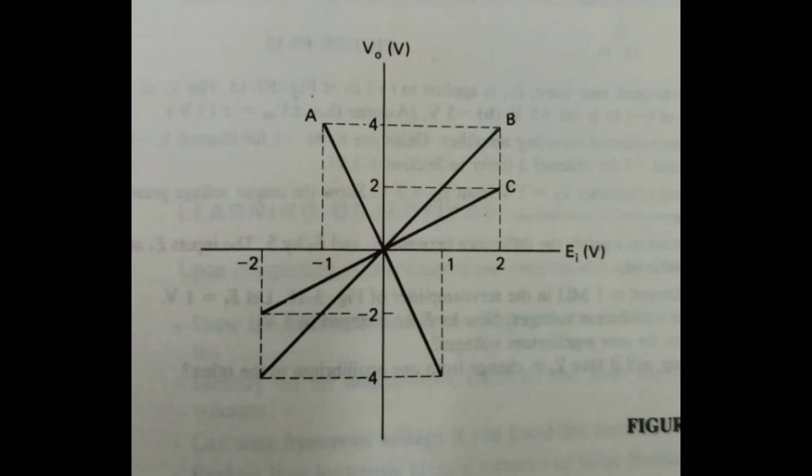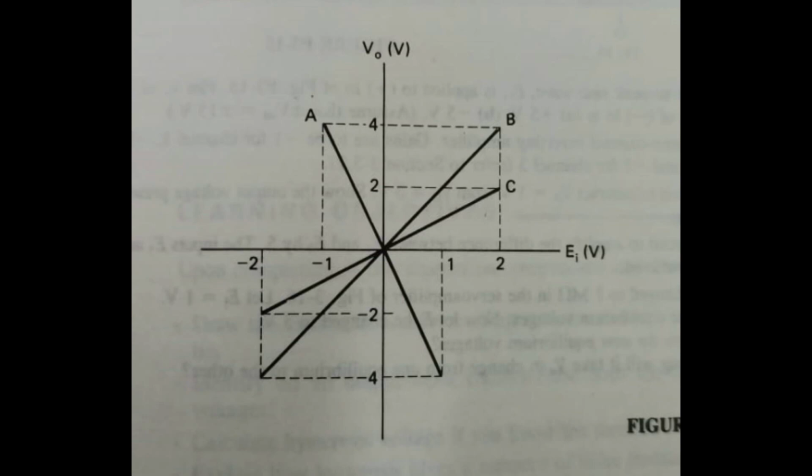Now there is some task for you. I am giving you the transfer characteristics of 3 circuits. Okay. And from these you have to design an inverting or non-inverting amplifier. See, there are 3 curves A, B and C. For the C curve you can see that when the input is 2, the output is also 2.